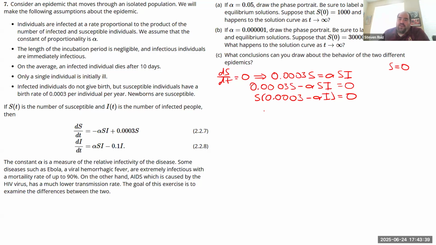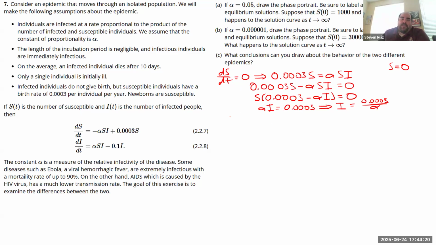The other one is where alpha I equals 0.0003, or if I solve for I, I equals 0.0003 over alpha. These are essentially my s nullclines. When s equals 0, ds dt is 0, or when I is equal to 0.0003 over alpha. I'm going to leave it as alpha for now, because that's the thing we're going to vary from part A to part B.